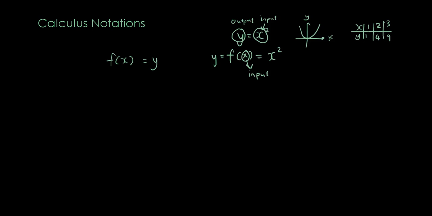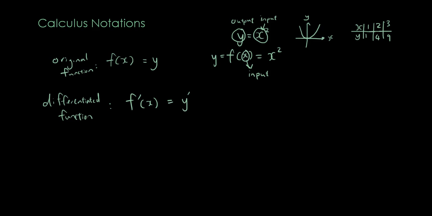Now if we say this is the original function, then the differentiated function you can think of as f dash x, or you can sometimes also see y dash, or you can sometimes also see dy over dx. So all of these notations mean the same thing.